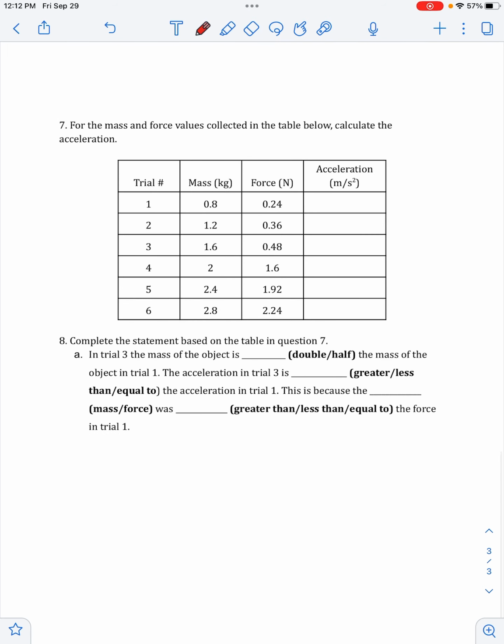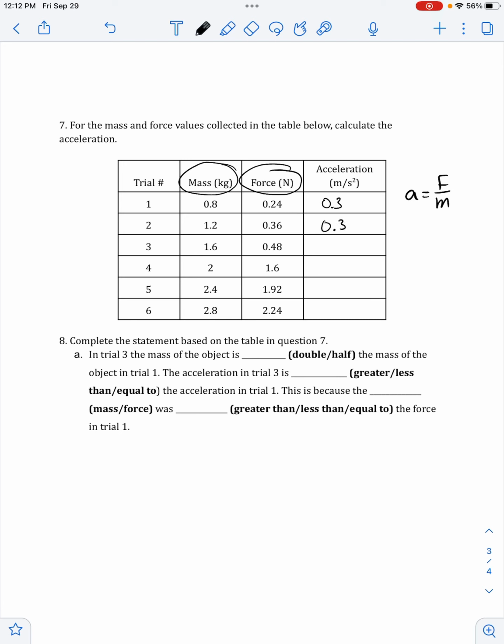For number 7, you're asked to calculate the acceleration for the values shown here. So for the acceleration, we would do force over mass, right? So we're going to take this force value here and divide it by the mass value. So in the case here, 0.24 divided by 0.8, this would actually be 0.3. If we do the same for number 2, 0.36 over 1.2, that would also be 0.3.